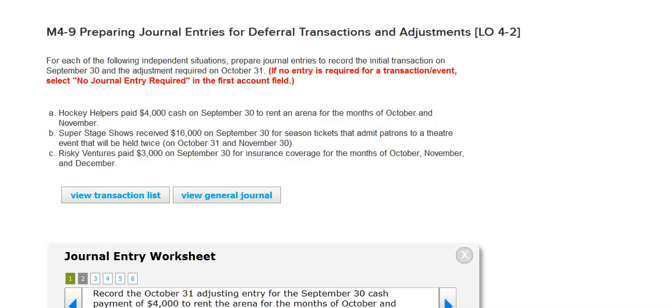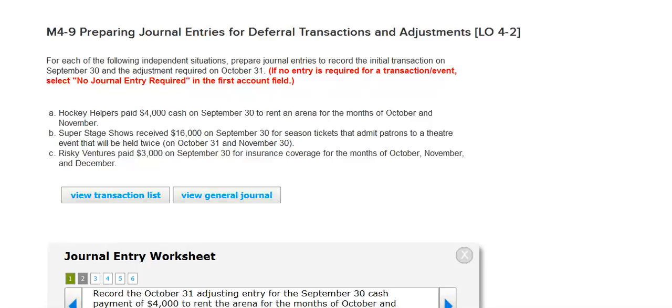The first problem we're working on today deals with deferrals. Deferrals occur when cash is received or paid too early. For example, a business receives cash payment before they deliver goods or services, or perhaps a business is required to pay for something they will not immediately use or receive the benefit from, like insurance.